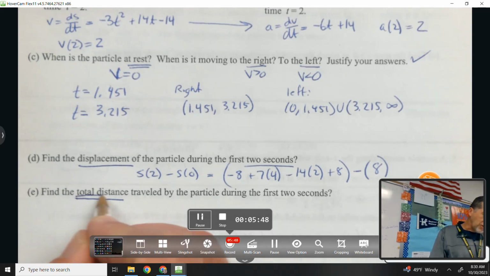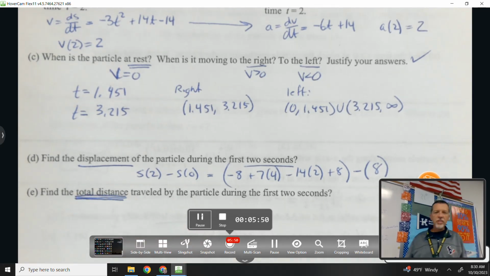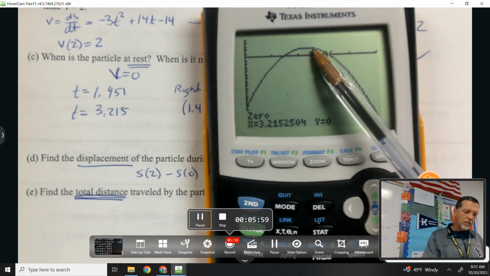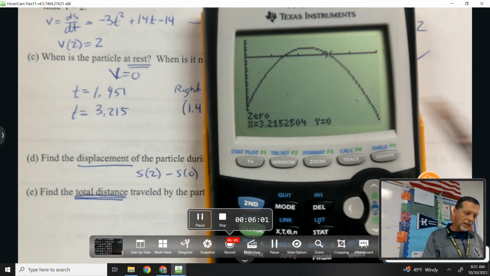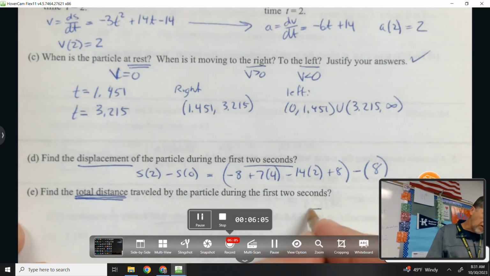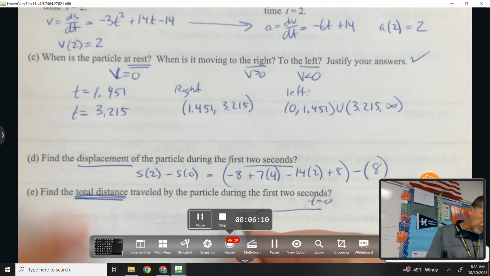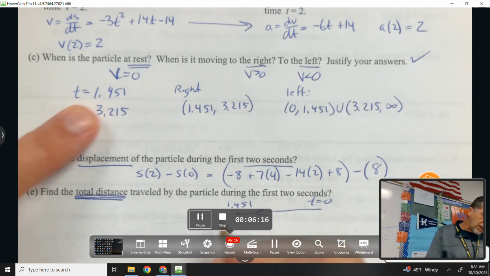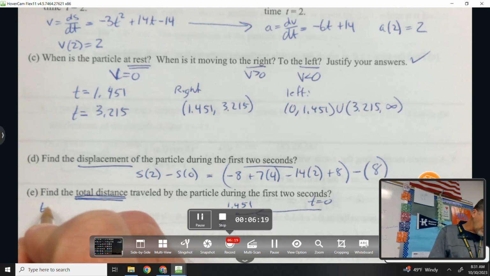Okay, now the reason we asked this question, total distance traveled. Okay, so that's where I'm thinking about, I was moving to the left, and then to the right, and then to the left again. So perhaps some sort of motion diagram. So we moved left from 0 to 1.451. So let's figure out what s of 1.451 is.